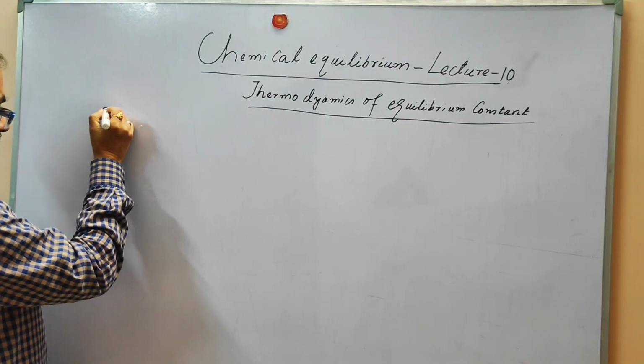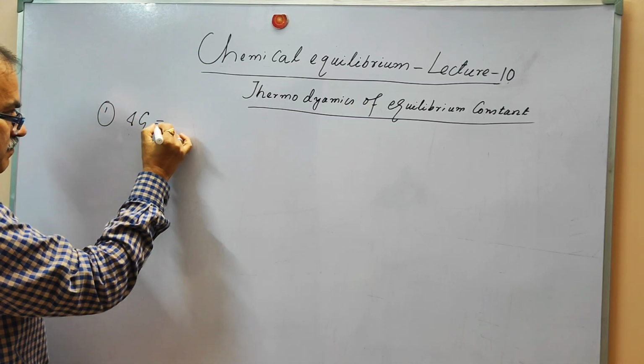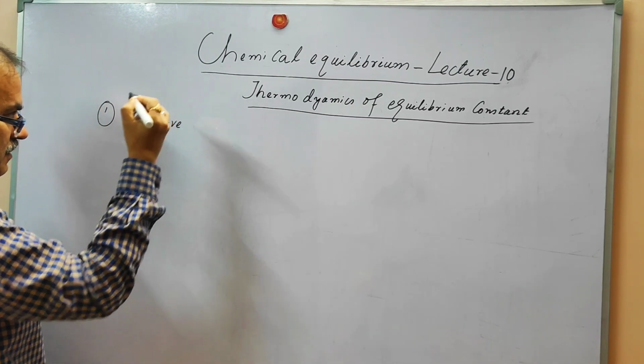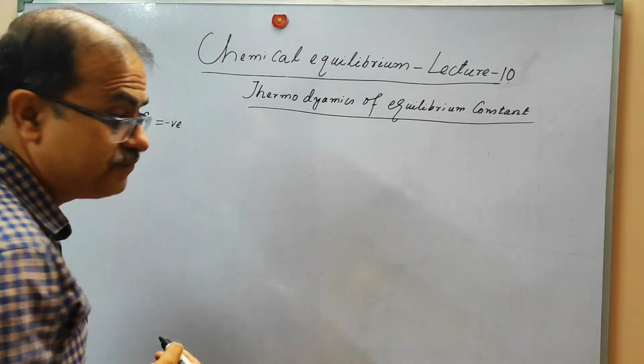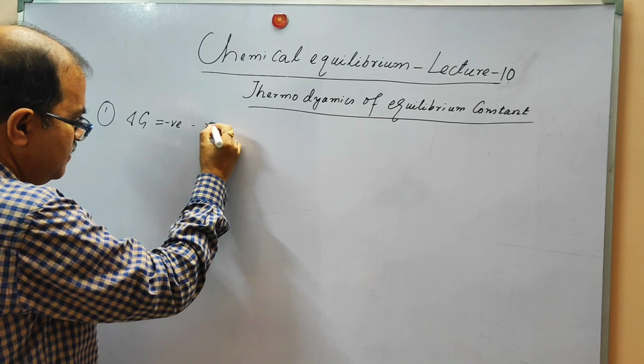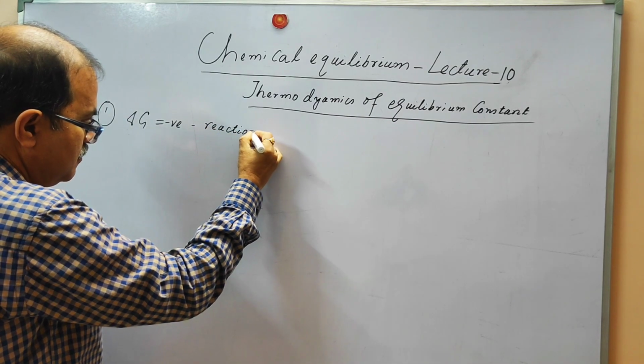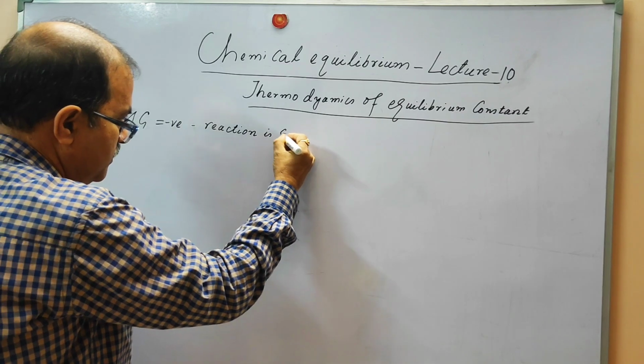Suppose if del G is negative, which means the Gibbs free energy change is negative, then the reaction is spontaneous. We can simply write it: the reaction is spontaneous, right?